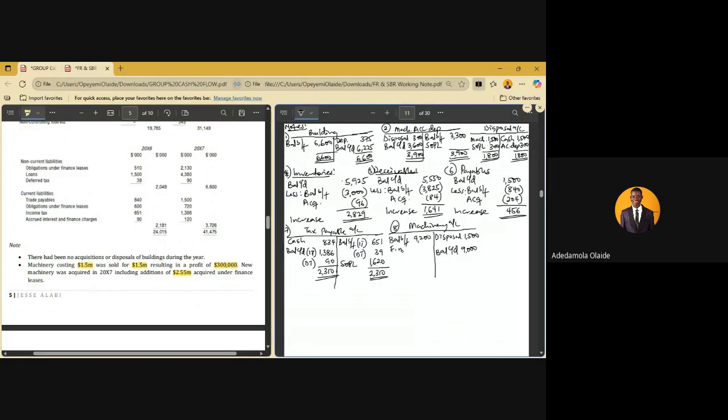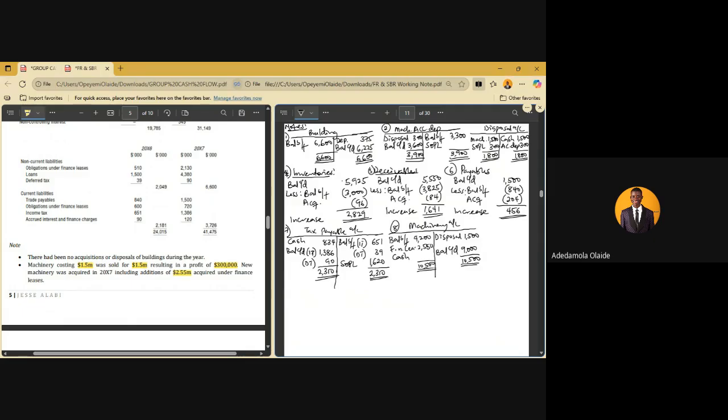So we'll come here, finance lease, 2,550,000. If that's the only case we have, then what do we have as the difference? This is 10,500.